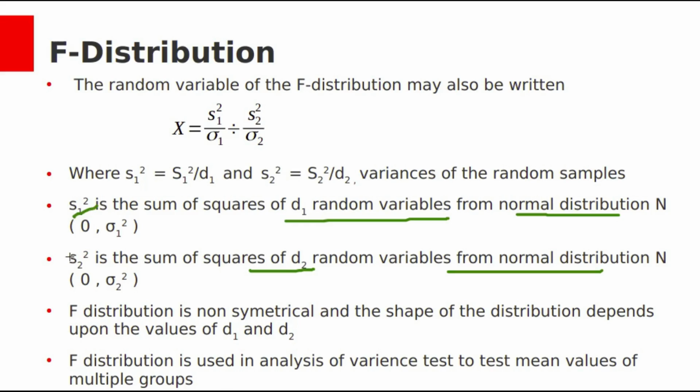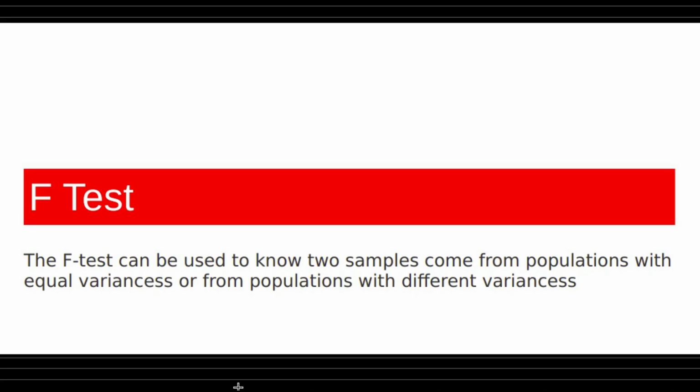Means both are chi-square distributions with degrees of freedom d1 and d2 respectively. F distribution is a non-symmetric distribution. The shape of the distribution depends upon the degrees of freedom values d1 and d2. F distribution is used in analysis of variance test to test the mean values of multiple groups. Let us see F test.